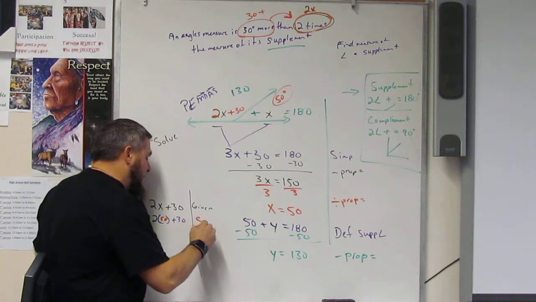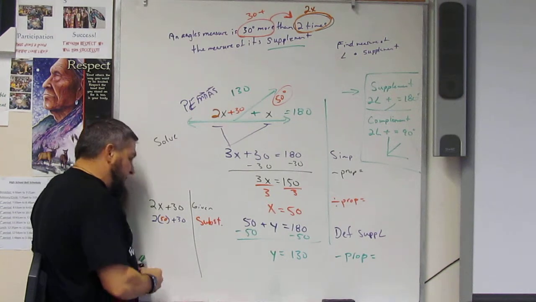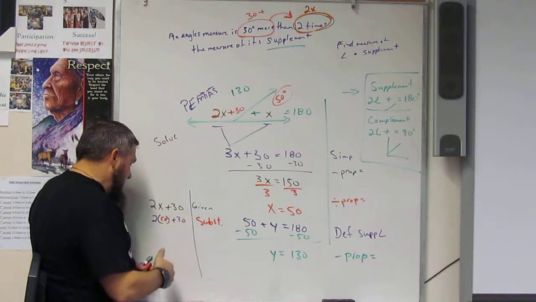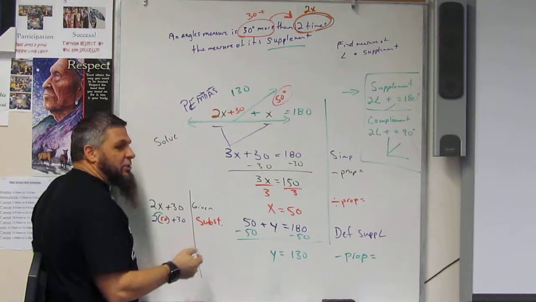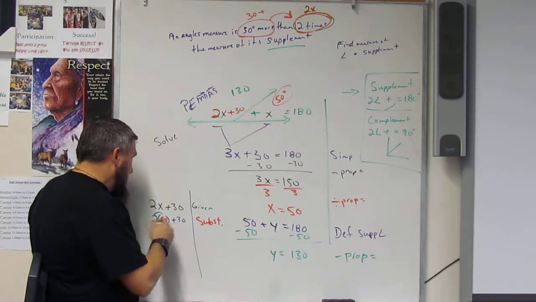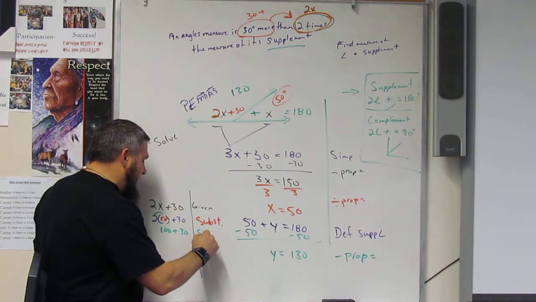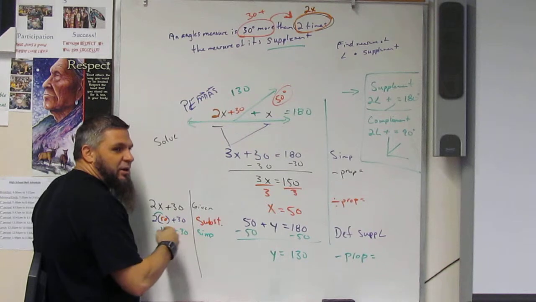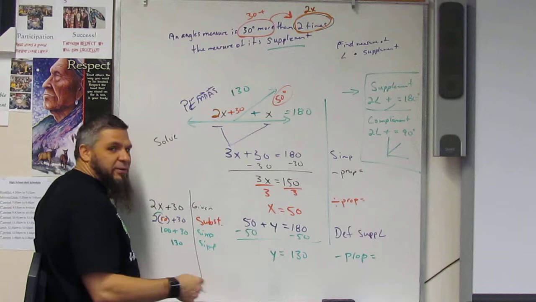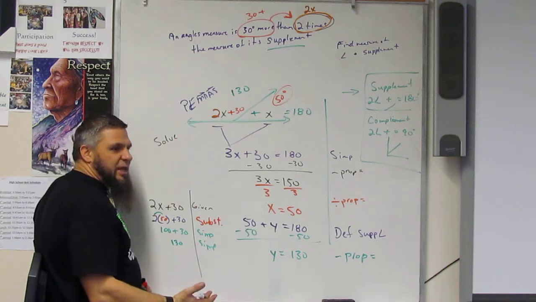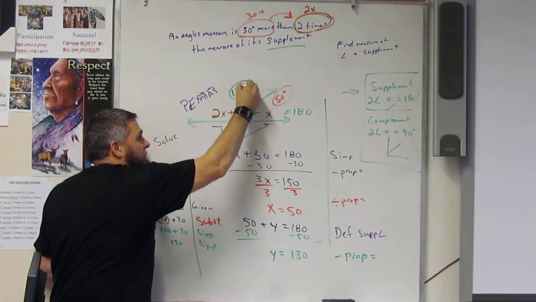Plugging in means substitution. Okay? So you could have done it this way. And then you do your math, and you could call this distribution, or you just call it simplification. 2 50s equal 100, so we simplified, or you could have done it all in one step, 130, simplify. It's fine with me if you did it in one step. It's still simplification, right? So we know that this is 130 degrees.